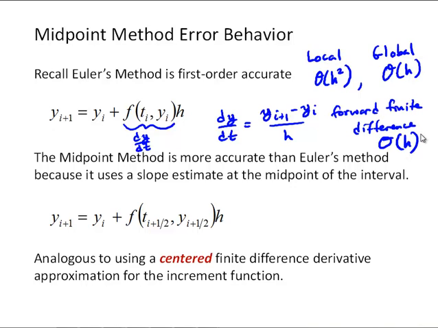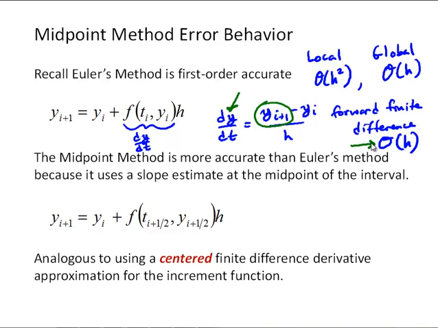So this is another way to get a handle on the error of Euler's method. We're using a first order derivative approximation, in a sense, to estimate dy dt, or to use dy dt to find yi plus 1, and that results in a first order accurate method.